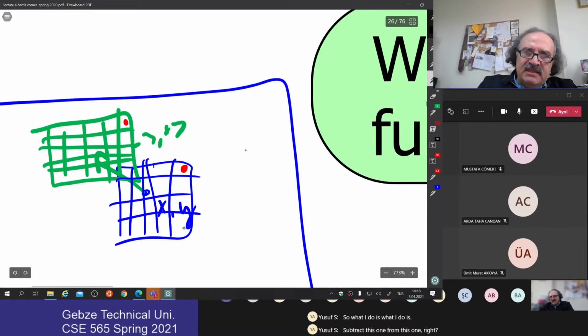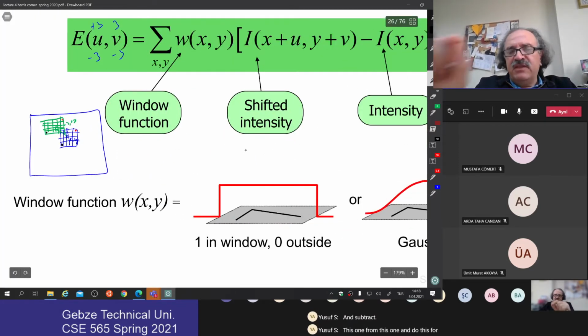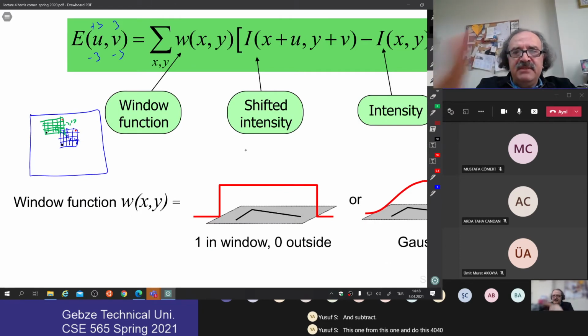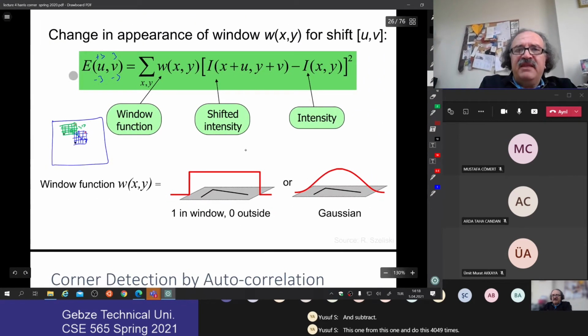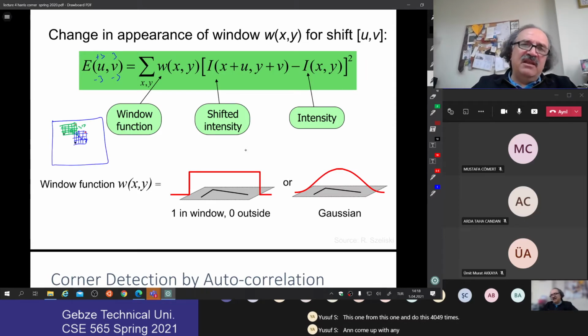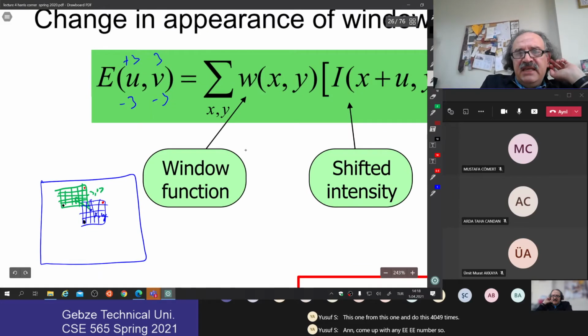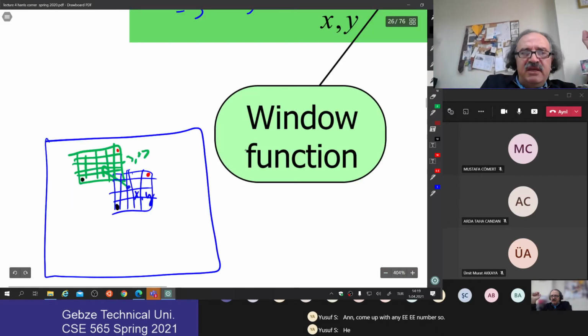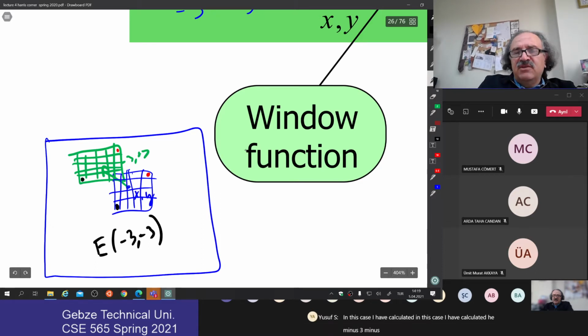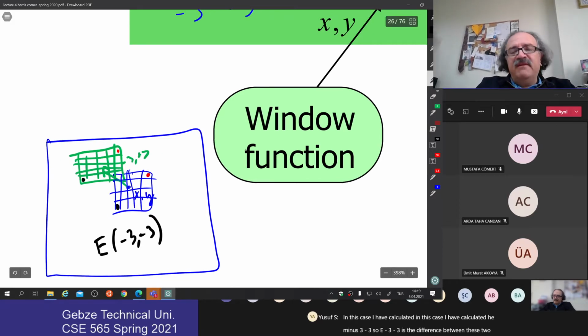And subtract this one from this one, and do this 49 times, and come up with an E number. So E, in this case, I have calculated E minus 3 minus 3. So E minus 3 minus 3 is the difference between these two windows.